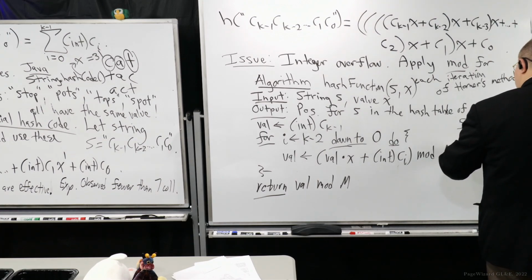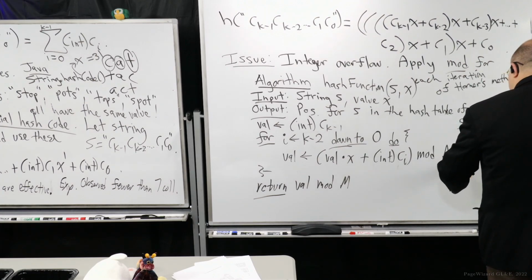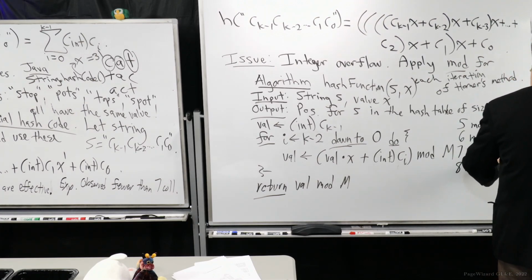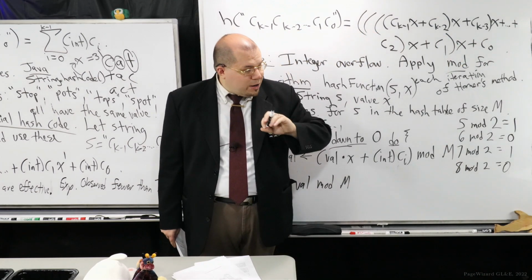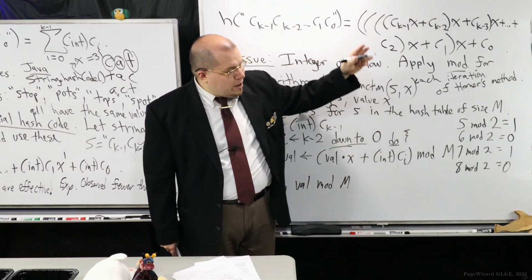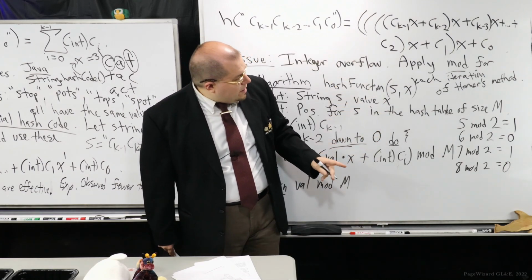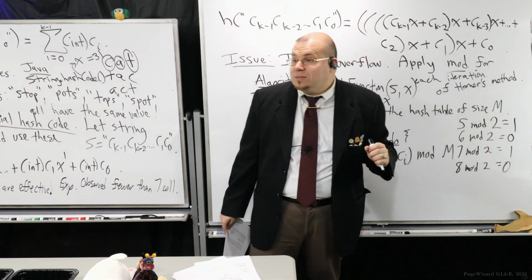But notice that I can keep doing this. 7 mod 2, I end up with 1. 8 mod 2, I get 0. And in fact, this causes what we call a periodic function. Each time I put in one successive number, it goes to the next spot, but notice that it never becomes larger than 2.